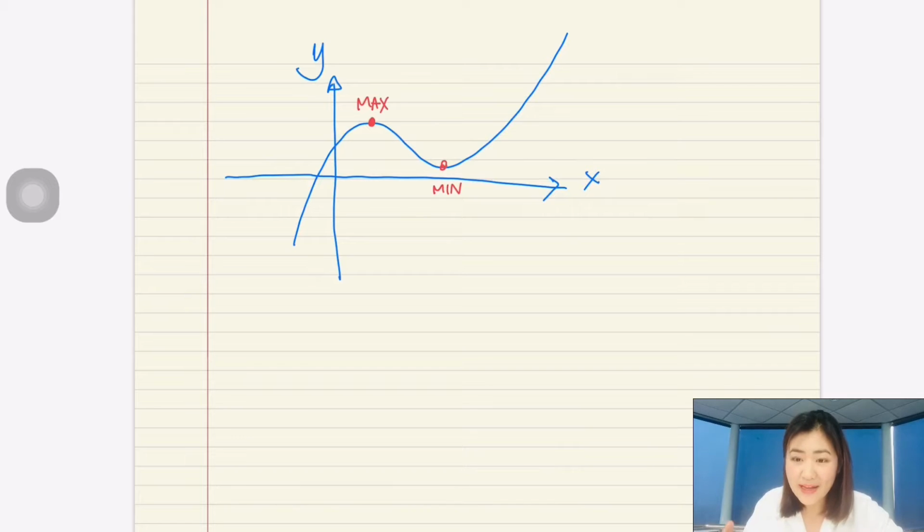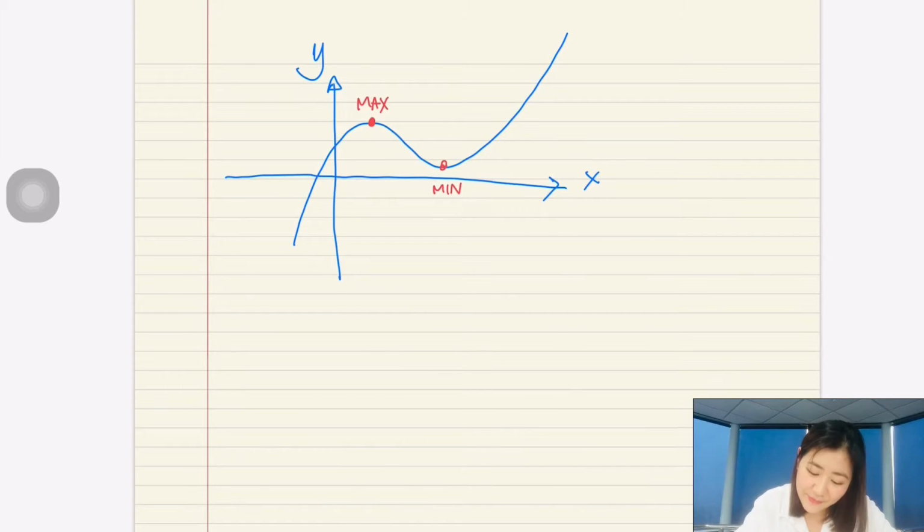Just analyze it. Can you tell where the point of inflection is? What is a point of inflection? It is the point where the concavity changes, from upward, positive concavity, to downward, negative concavity, or the other way, from downward to upward.